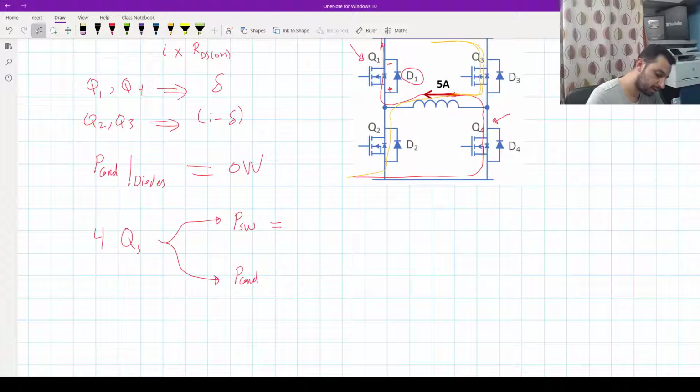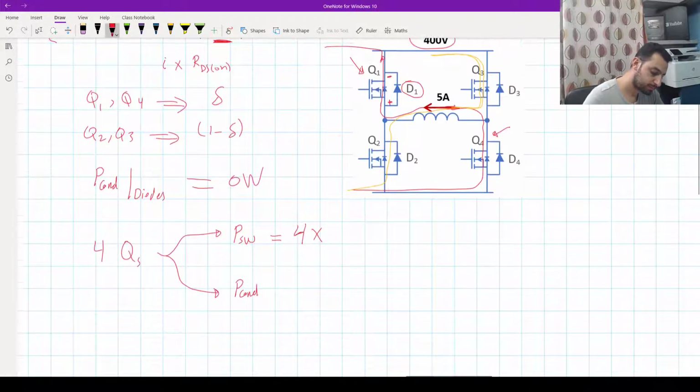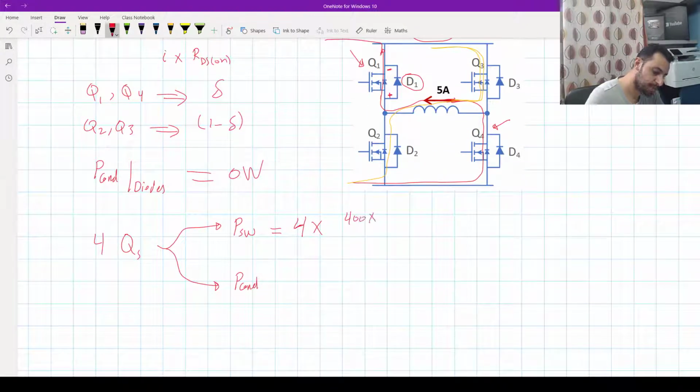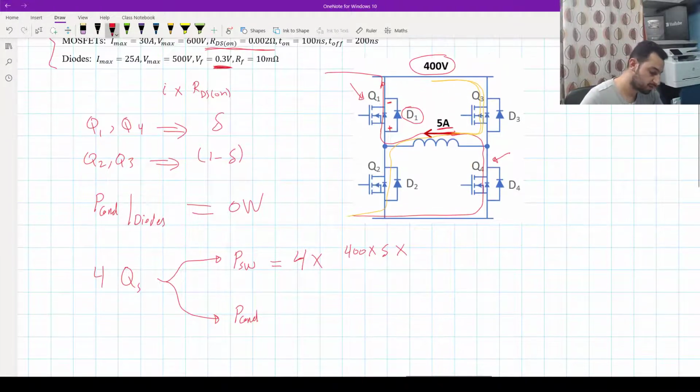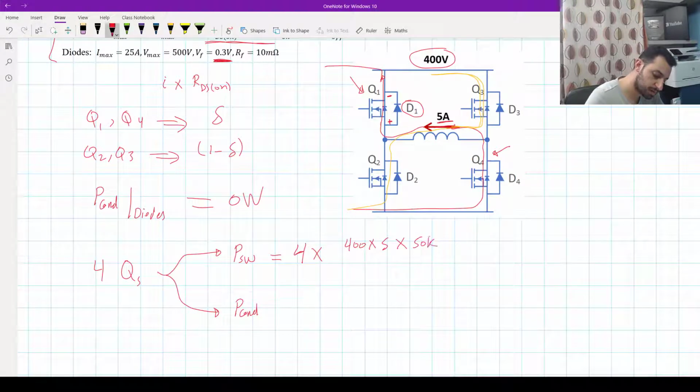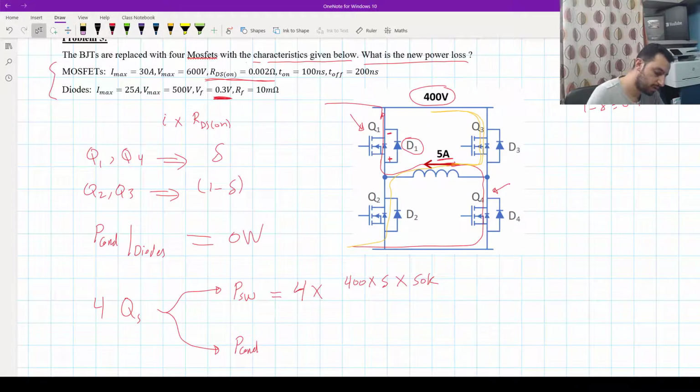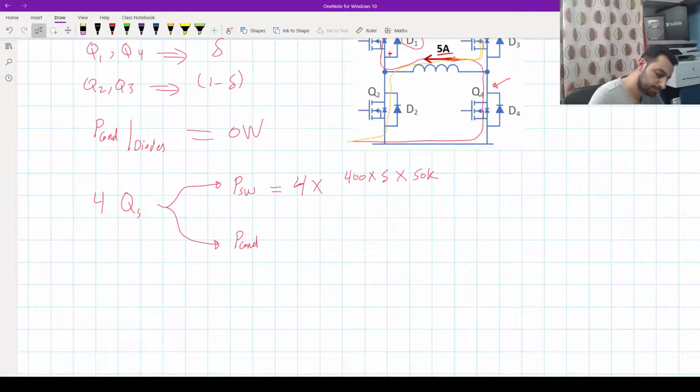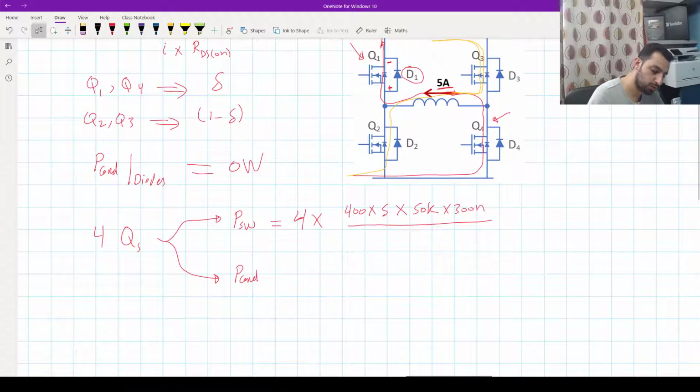So we have 4 switches times Vmax, which is 400 here, times Imax, which is 5 ampere, times the frequency, 50 kilohertz from the previous question, and T on and T off, 100 nano and 200 nano, 300 nano, divided by, since we have an inductive load, 2. The answer will be 60 watt.